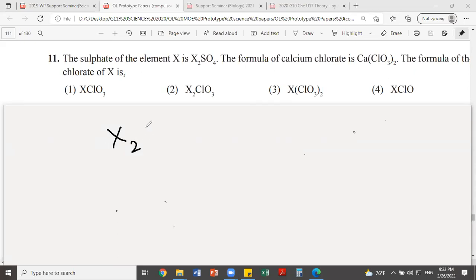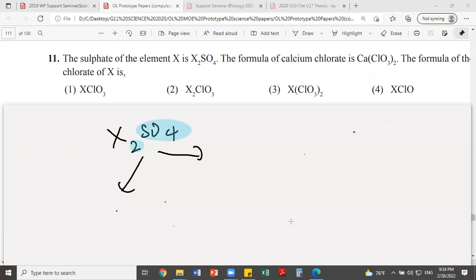I'll work out. X2SO4. You can separate back to the ions. This 2 is whom? This 2 belongs to sulfate. Why? 2 comes from sulfate side.